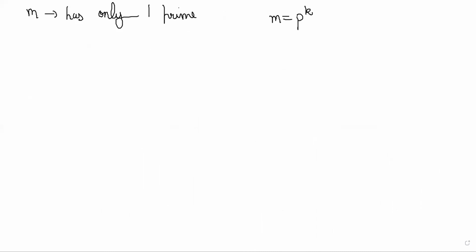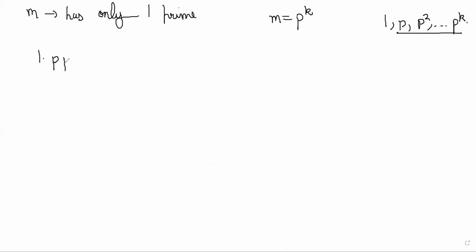Now the divisors are 1, P, P square, till P power K, right? So now the product of these must be equal to M, no? Correct? So except P power K, all the other products should be equal to it, right?